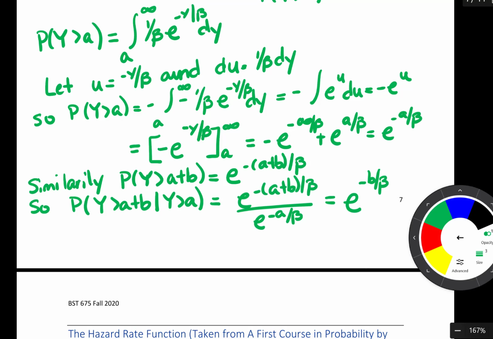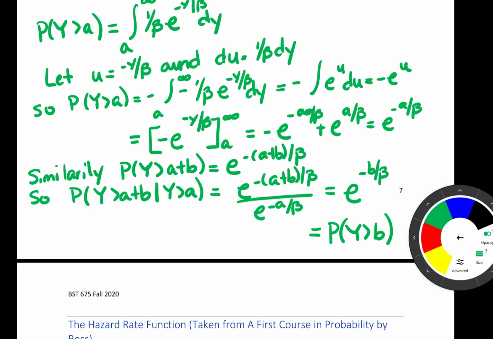And if we go back and look at that exponential distribution, that is equal to the probability that Y is greater than b. And it ends up that the geometric distribution also has this property.